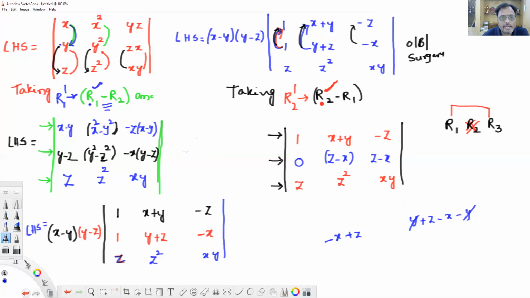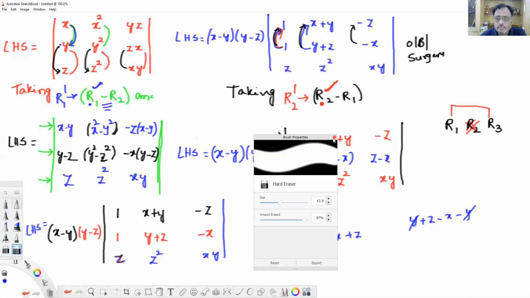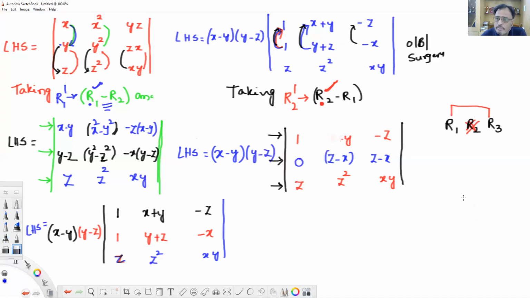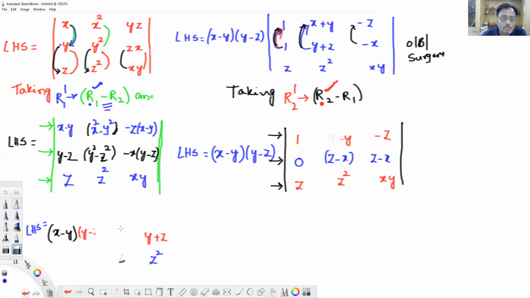So here already we have LHS is equal to x minus y into y minus z. So dear students, now really interesting problems. No theorems here. I just recommend you not to leave this question in the examination.